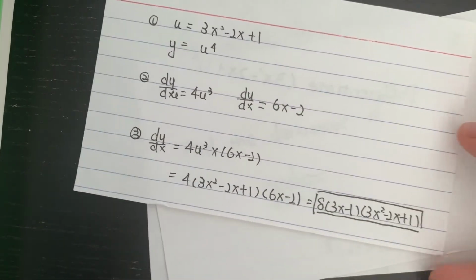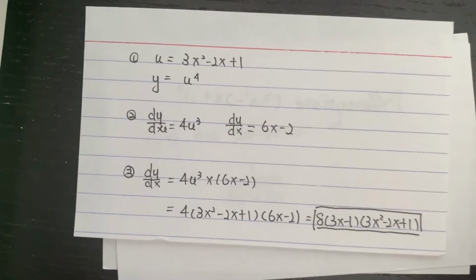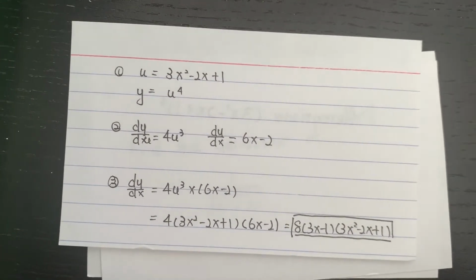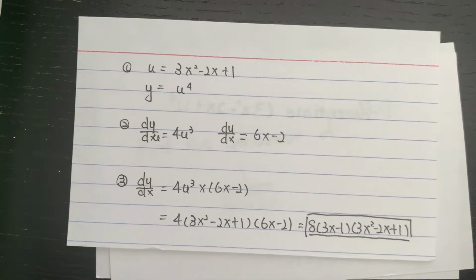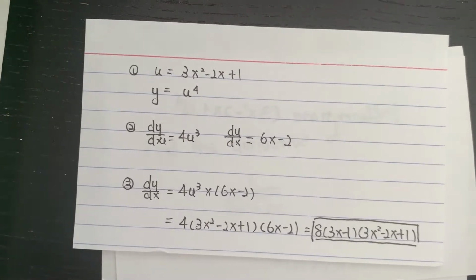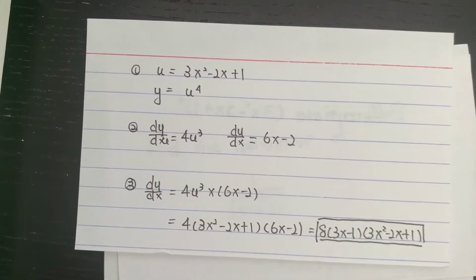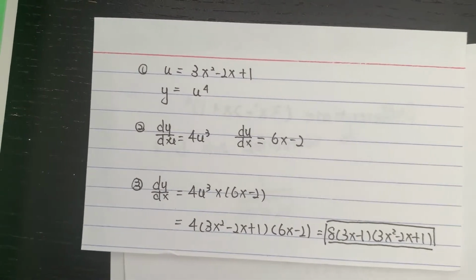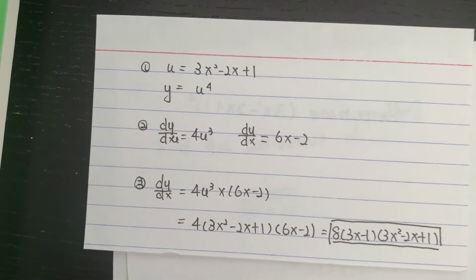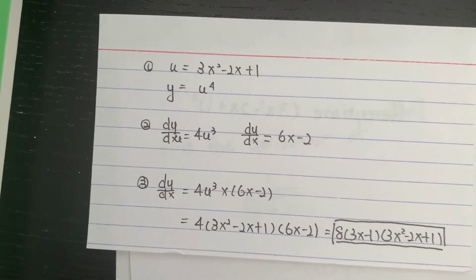Again, we have to define the two functions that we are going to differentiate. The first one is obviously the function we have, which could be defined as u equals 3x squared minus 2x plus 1. However, the given function is to the power of 4, so y becomes u to the power of 4. And we differentiate each of them. One becomes 4u to the power of 3, and the other one becomes 6x minus 2.